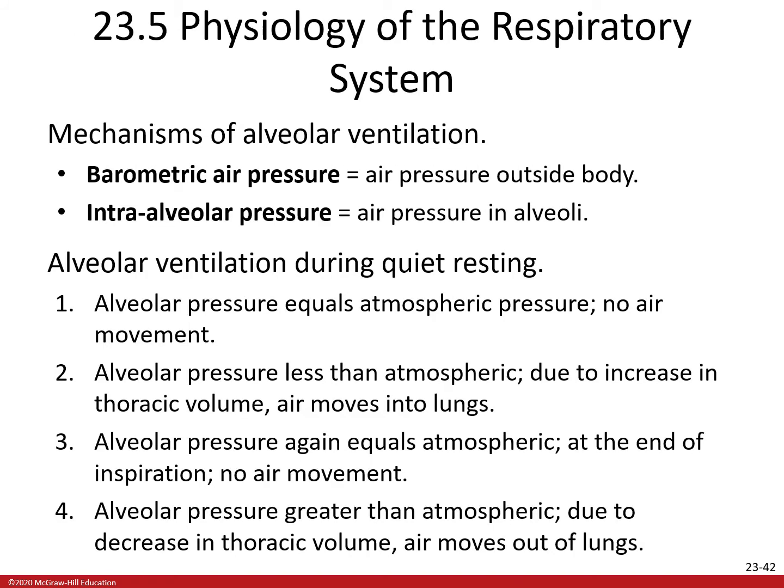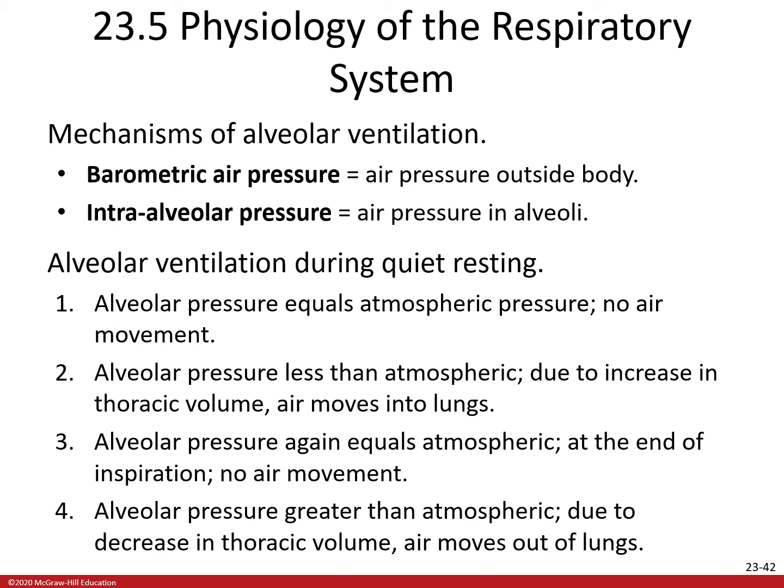Next up, we have the step-by-step mechanism of alveolar respiration. So you do have these various mechanisms of alveolar ventilation, which is going to be the barometric air pressure, which is the air pressure outside of your body, and then you have intraalveolar pressure, which obviously is air pressure within your alveoli.